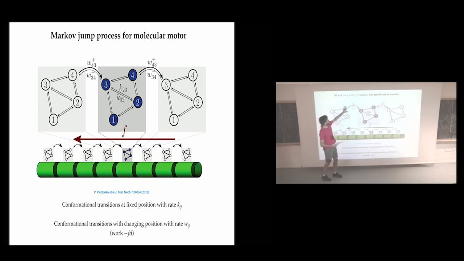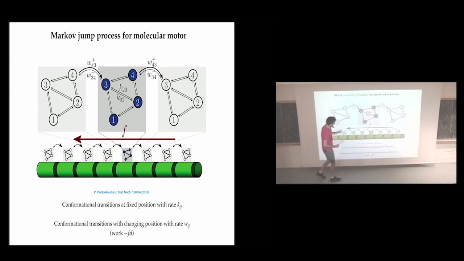You can jump from an internal state at some point to an internal state of a nearby point along the track, which is like a filament, so it's periodic. The periodicity is replicated by the fact that you have these internal states that are the same, just located at different points along the filament. So there is the conformational state, and there is the spatial state.